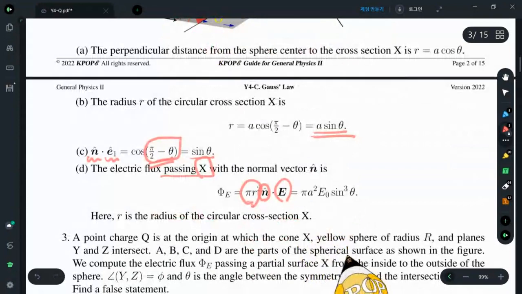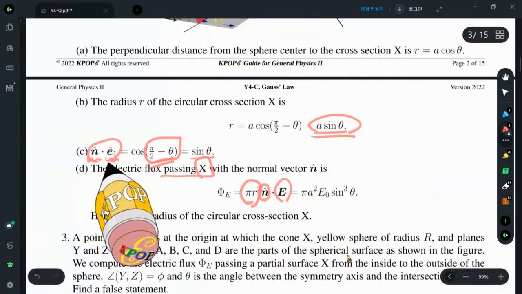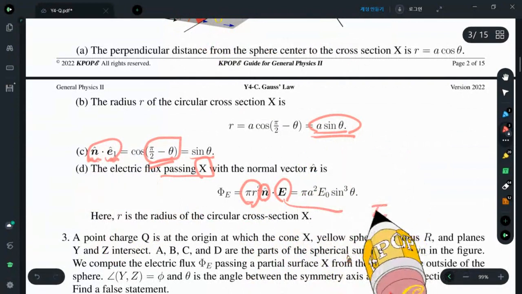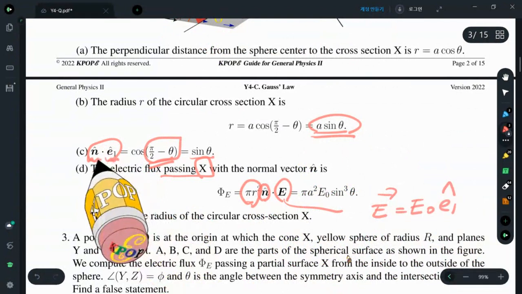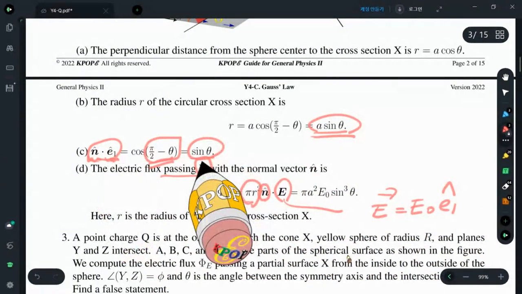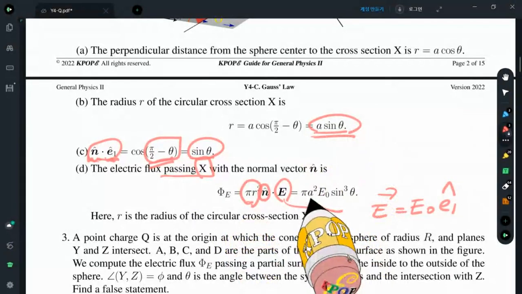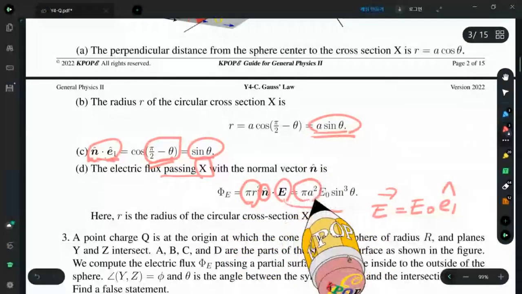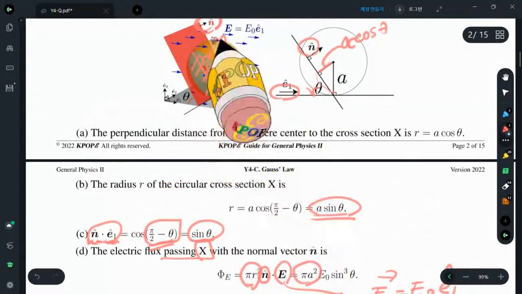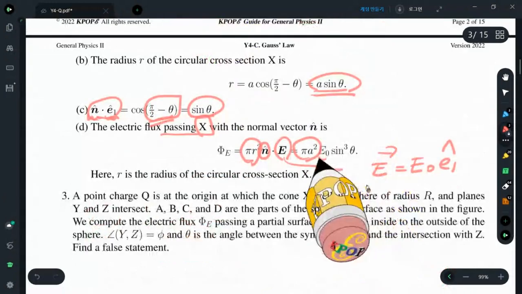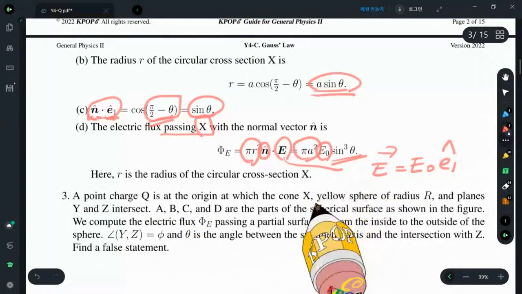As a result, because r is a sine theta and E equals E0 E1 hat, this scalar product brings in sine theta, and radius r squared brings in a squared sine squared theta. So we have the original cross-sectional area of a large circle of the sphere multiplied by the electric field, but with an additional factor of sine cubed theta.